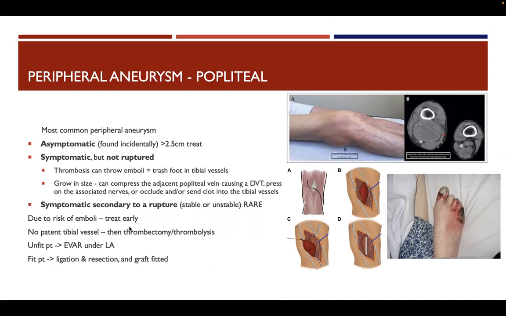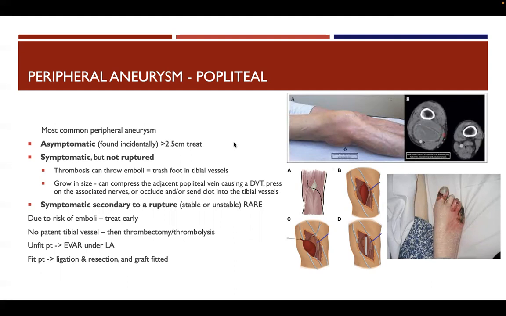They can then take that area out and replace it with a graft, whether that is a graft from the body itself, using veins, or a plastic graft. That depends on the surgeon and what's available in the patient. What you've got here on the right hand side of the screen is a nasty looking foot. That's trash foot.